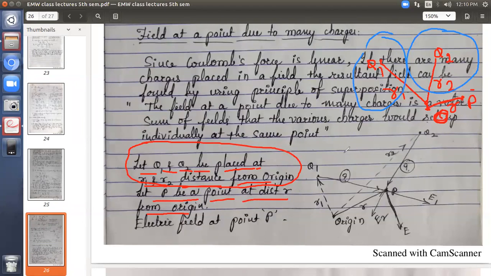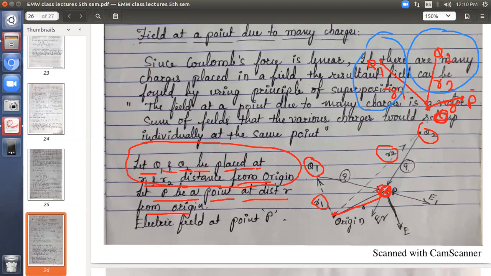I have drawn it here. You can observe this is charge Q1, this is charge Q2, at distances R1 and R2 from the origin. This is the first part. Then let P be a point at a distance R from the origin. We want to find the field value at point P.